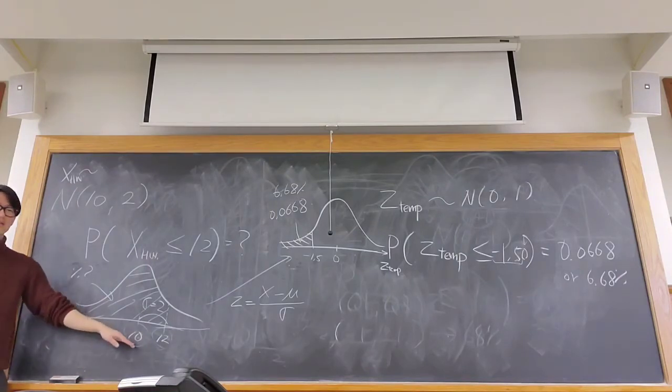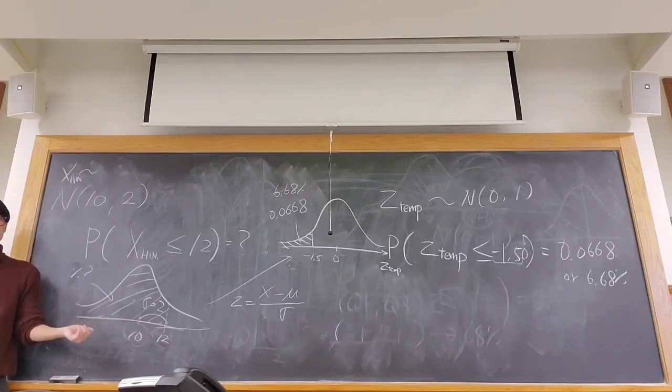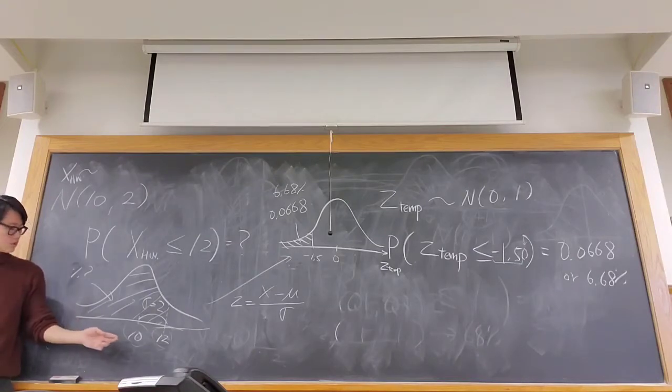So if you convert 10 into the standard normal scale, what number will you get? Student: One. Can you tell me why? Student: 12 minus 10 is 2, divided by 2 is 1.